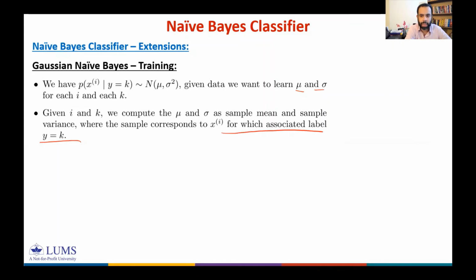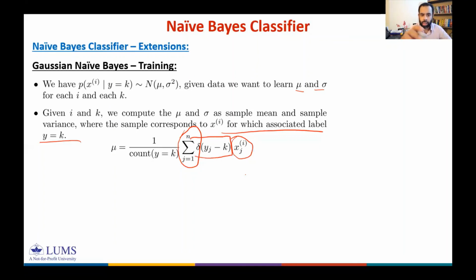How do we compute the sample mean and sample variance? Mathematically, we can compute the sample mean using this notation. How do you interpret this? x_ji is the ith feature of the jth sample, the jth instance of the training data. We have a summation over all training data, but we will only count those values of the feature for which the label is equal to k. So y_j is the label associated with the jth instance.